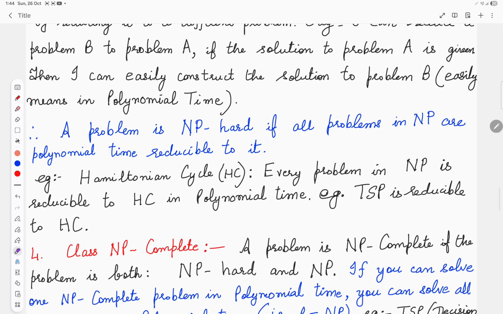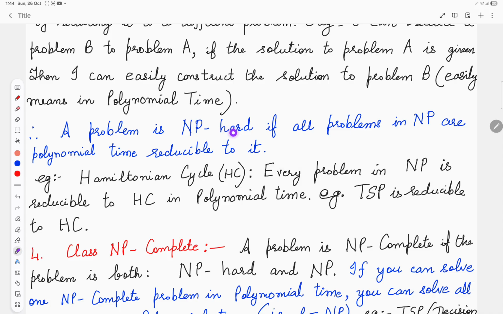Now what is NP hard in that case? NP means the problems are not necessarily solvable in polynomial time but verifiable in polynomial time. So that is the NP class. If all the problems which exist in the NP class can be mapped to another problem, that other problem will be called NP hard.